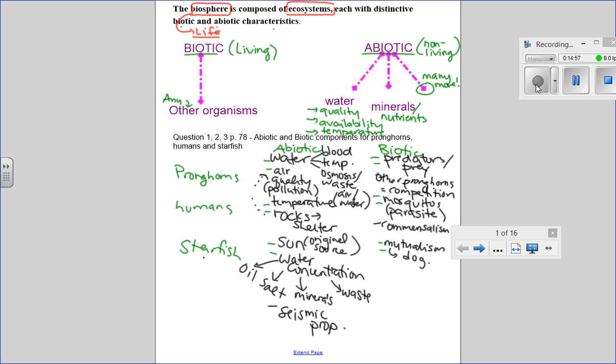The other words that you might add would be the words consumers, producers, decomposers, any of the words that we use to describe trophic levels, so anything that's part of the starfish's or the human's or the pronghorn's food chain would be something that affects its survival. It could be directly or it could be indirectly.